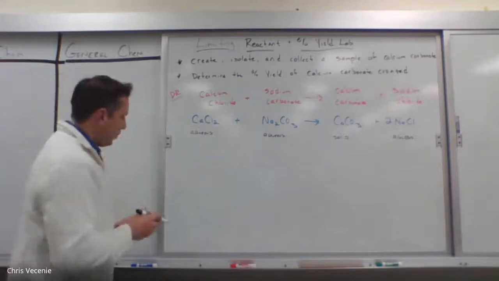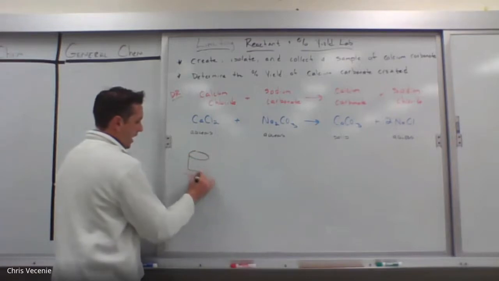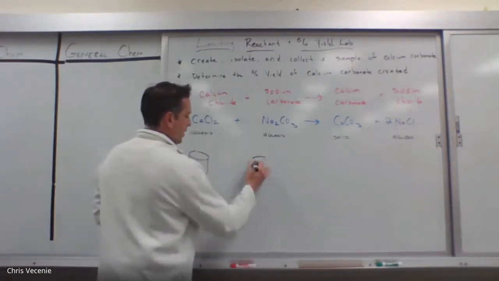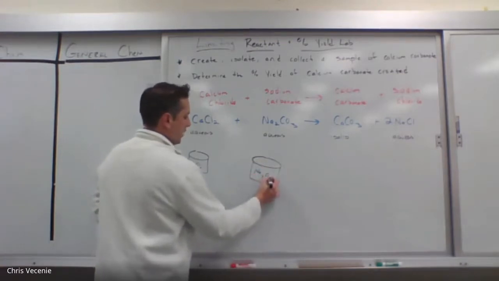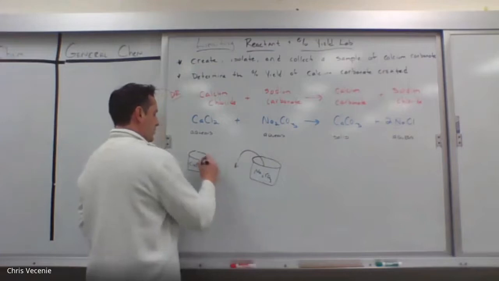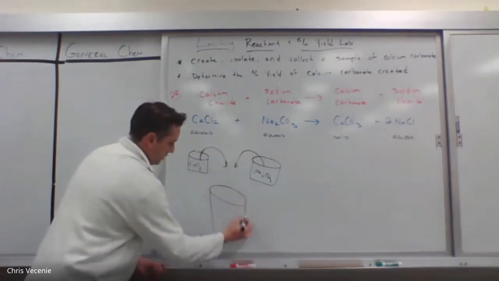What we're going to do is take a beaker that has the CaCl2 in it, and a separate beaker that's got the Na2CO3 in it. We're going to dump those together into a third.